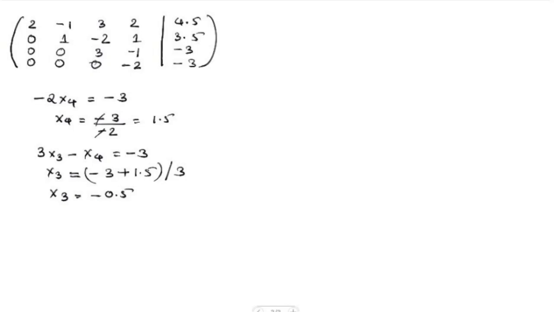And so on, if you solve for the next one, which is 1x2 minus 2x3 plus 1 is equal to 3.5, you'll get x2 equal to 1. So you have to replace the values of x3 and x4 that we already got here.